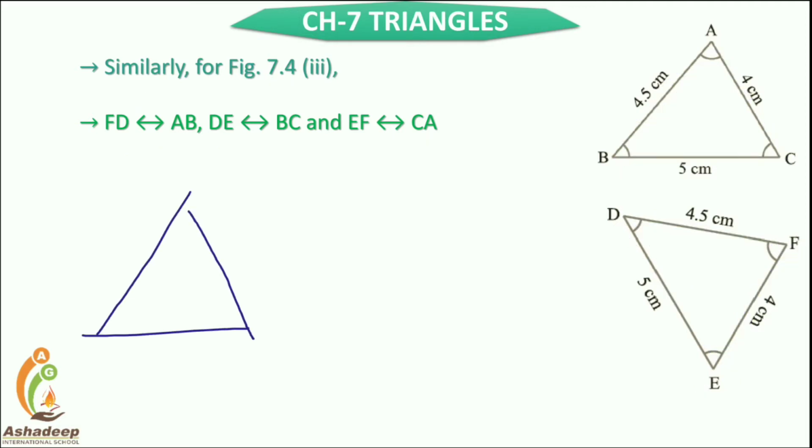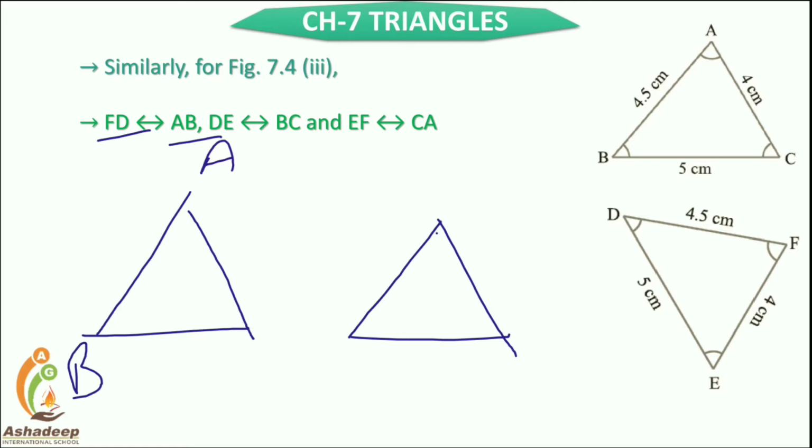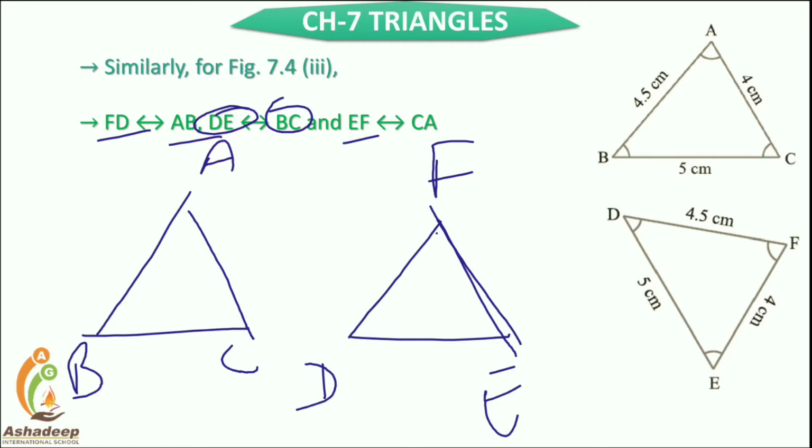First of all, draw the two triangles roughly. FD and AB: first of all write AB, and here you can write F and D. Then BC and DE, then CA and EF.